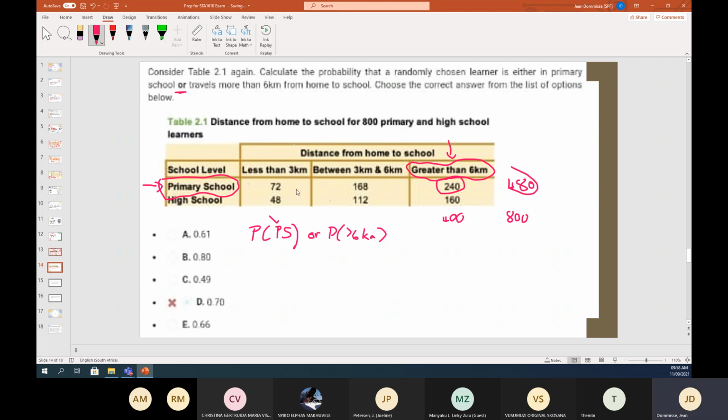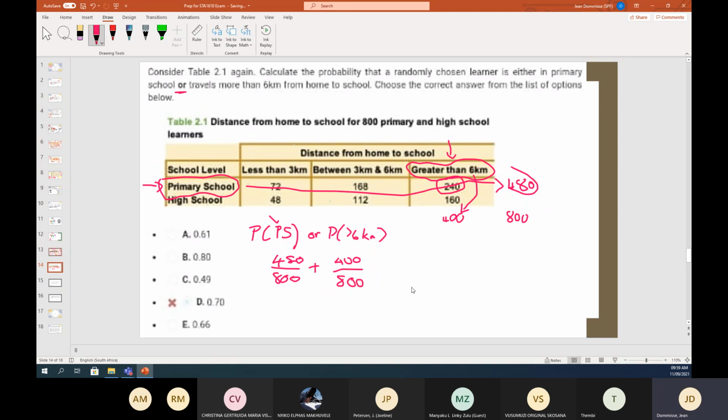It is the 480 divided by the 800, or that the learner is more than 6 kilometers away from school, that is 400 divided by 800.